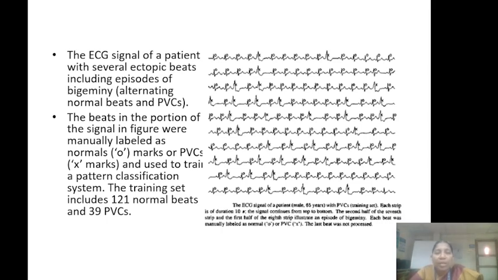Here the normal waveform is represented by O, and the abnormal waveforms like PVC are represented by X. In these waveforms you can see 4 cycles of normal ECG followed by a PVC, and 5 cycles of normal ECG followed by a PVC. In bigeminy there are normal cycles followed by PVC, again normal, PVC, and so on. Like that, the ectopic beats are represented in this ECG signal.